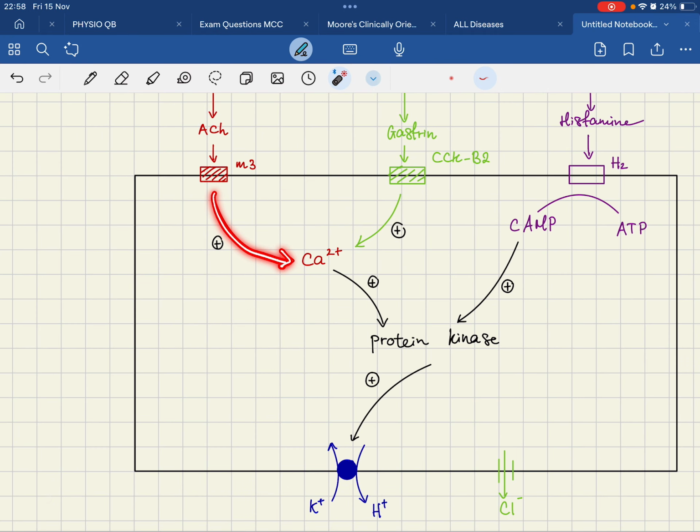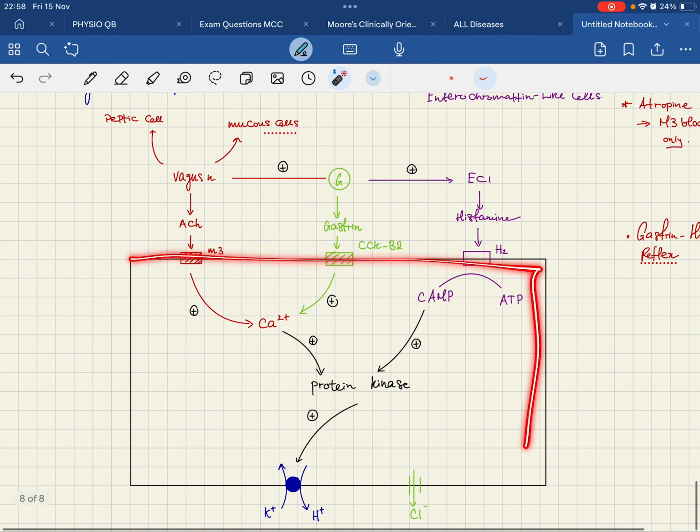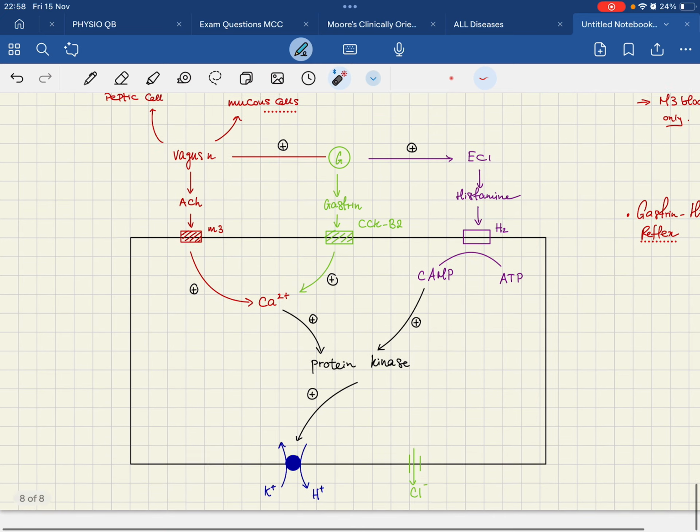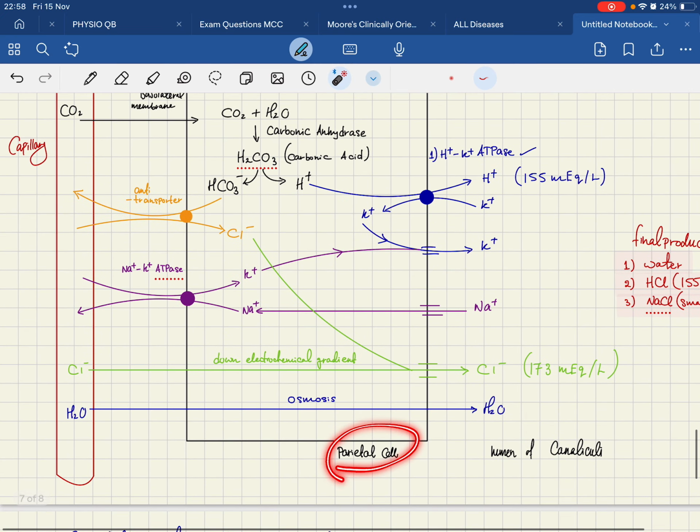Basically it will increase the concentration of calcium. So here, first of all, what is this? It's the parietal cell. It's the same cell that we have been talking about.